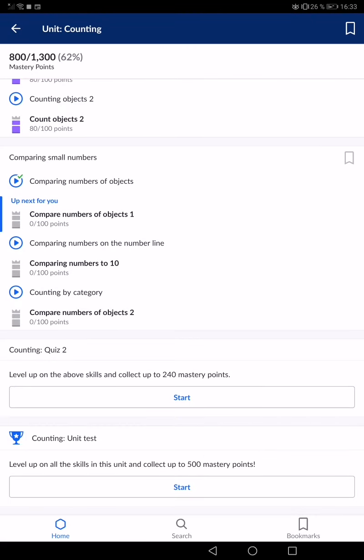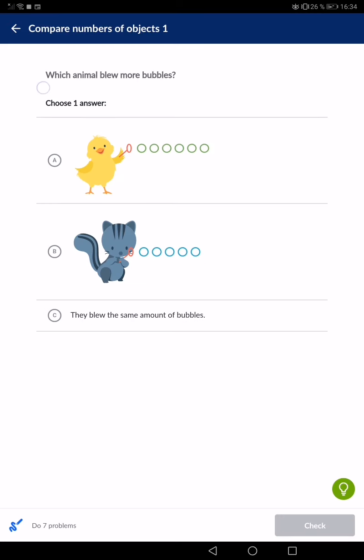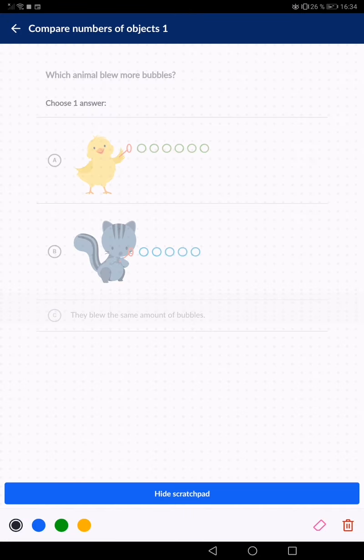Okay, I feel like here he missed an opportunity, but I'm going to show you what he missed. So which animal blew more bubbles, right? If something has more, there also has to be something that has less in exactly the equal amount, right?